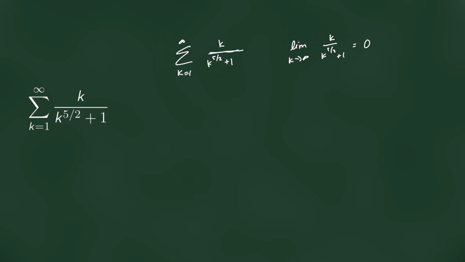One approach to take is to notice that the terms of the series, if we get rid of the 1, k over k to the 5/2 plus 1 is less than or equal to k over k to the 5/2, because adding 1 to the denominator makes the entire thing smaller. But that is, of course, equal to 1 over k to the 3/2.